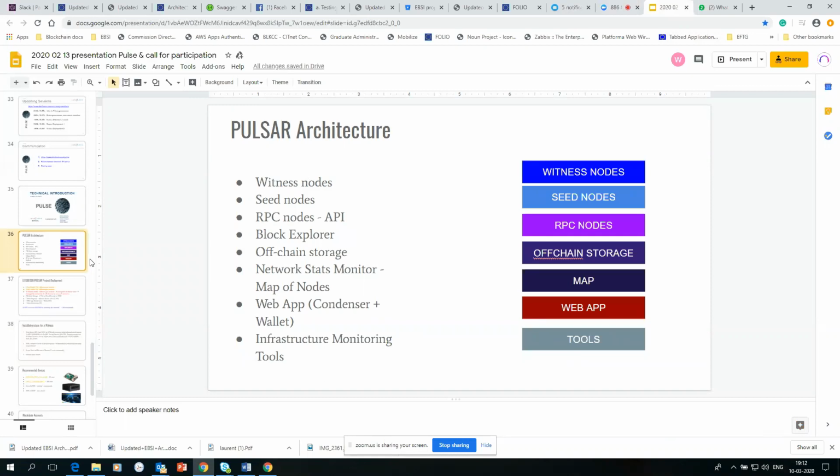All of them will teach you something. Of course, if you plan to run all of them, you have to pay the cost for all of them. It's not anymore one node, not anymore one VPS, there should be different VPSs. So the cost multiplies. Compared with a witness node, where for your online service you receive a specific kind of reward, for all the other nodes you don't receive this kind of reward.